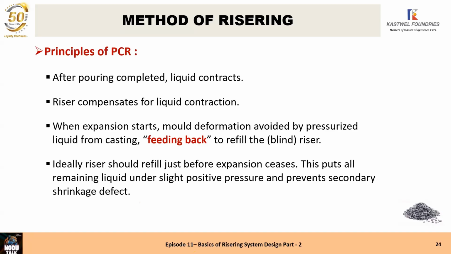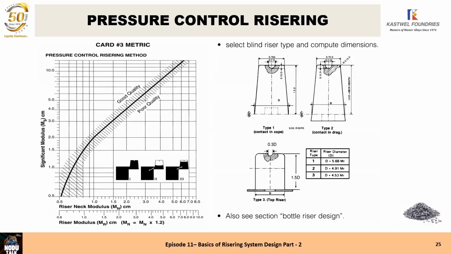Understand this and you'll be very successful in riser design, and in controlling the processing parameters which increase the tendency of shrinkage in the metal. On the left-hand side is a graph with a solid line. That line indicates the average metallurgical quality of the iron.